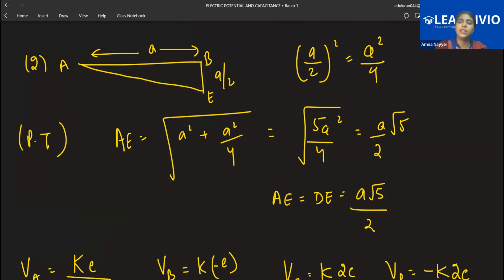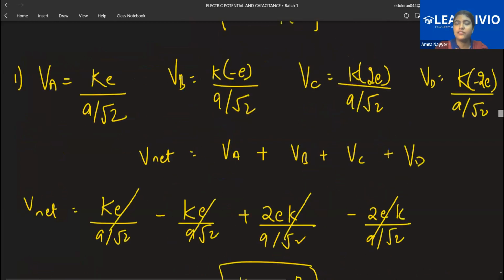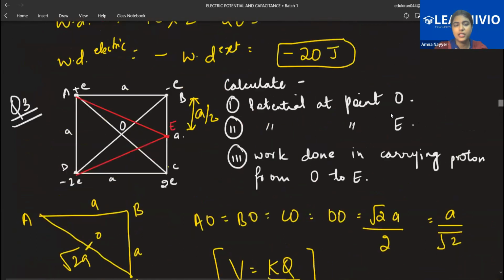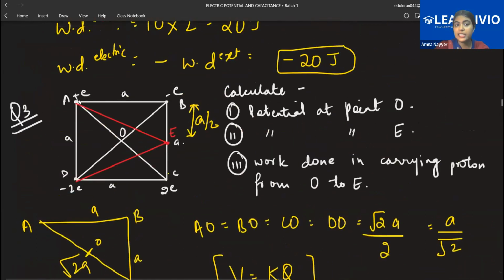Now, same thing. For all the charges, A root 5 by 2 is our separation. If I'm calculating the potential due to charge E at point A, this is KQ, meaning KE divided by A root 5 by 2. What about this charge?